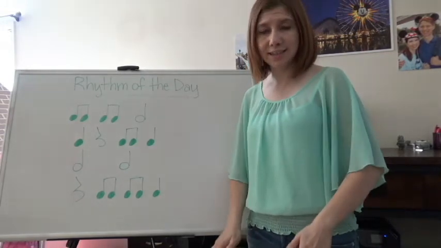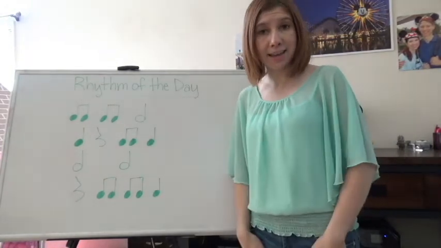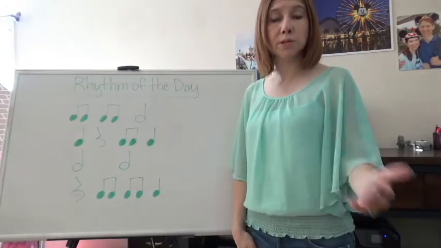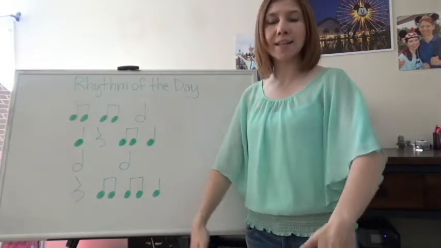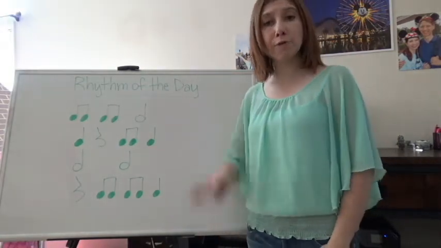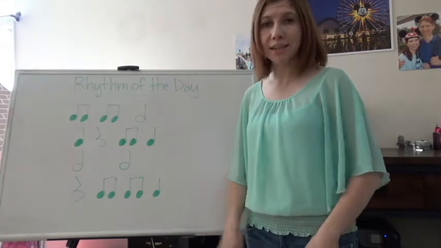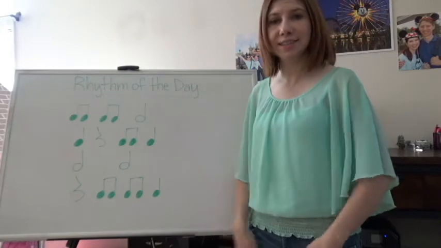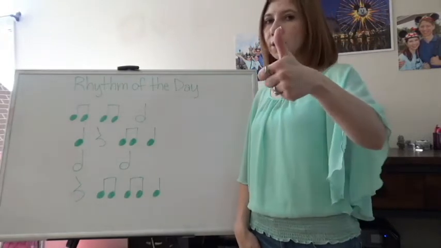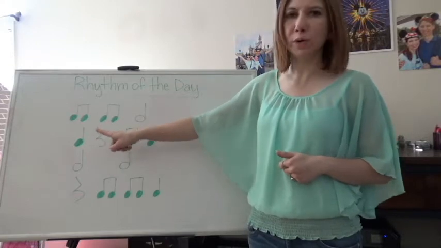TT, TT, TT, TT. And yes, I like to pat my legs for TTs as well. For those of you that don't know me yet, I like to pat for TTs and I clap for tas, okay? Let's pat 4 TTs in a row. Ready? Here you go. TT, TT, TT, TT. You got it, people.